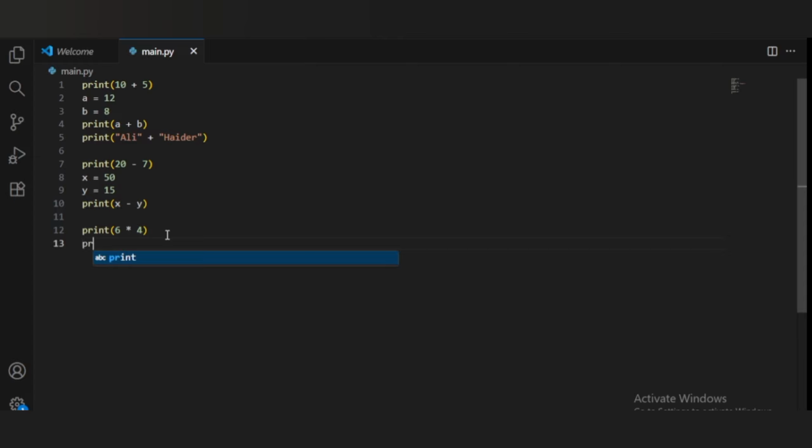Second example is price is equal to 200, quantity is equal to 3. If I print price multiplied by quantity, this is the second example.